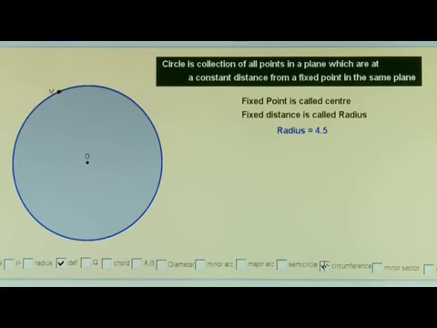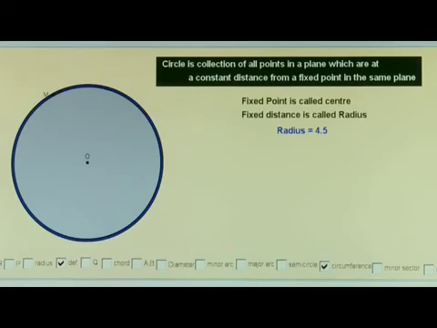Take a point M on the circle. Let the point M move. The point M is moving along the boundary of the circle. Let it make a complete rotation.